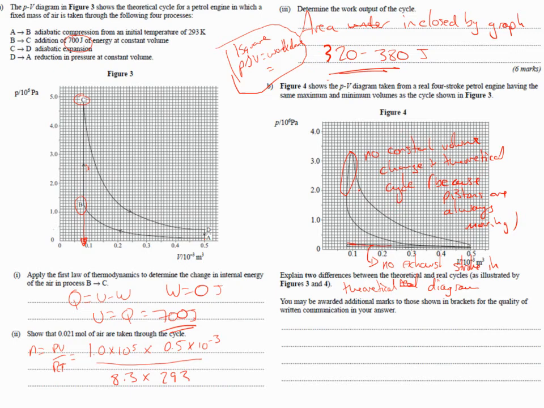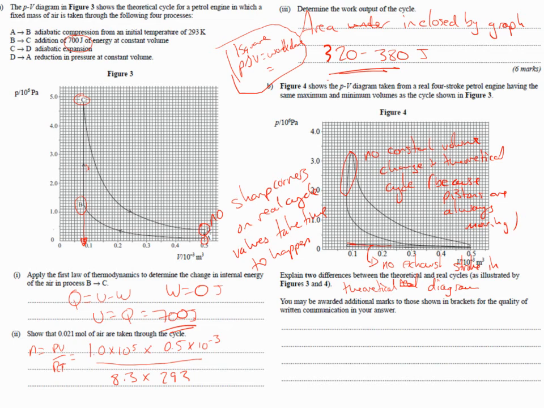What else is there? You can also see there are no sharp corners on the real cycle. And again, that's because things like valves or processes take time to happen in real life.